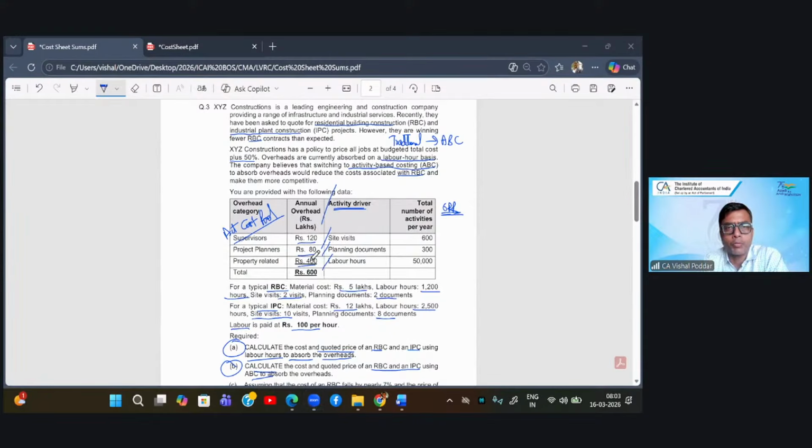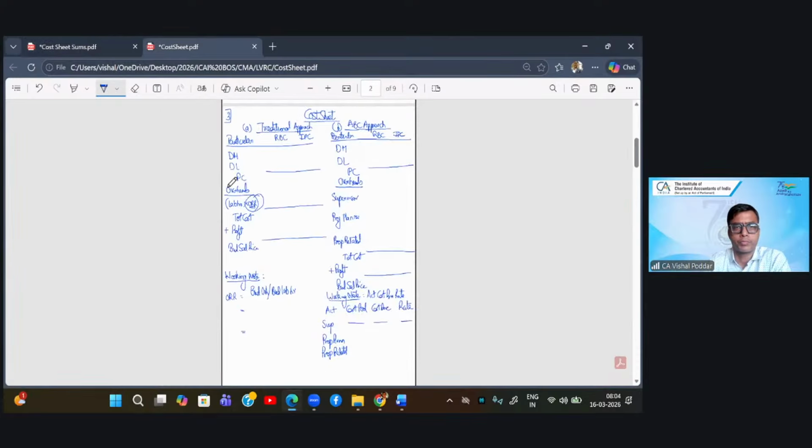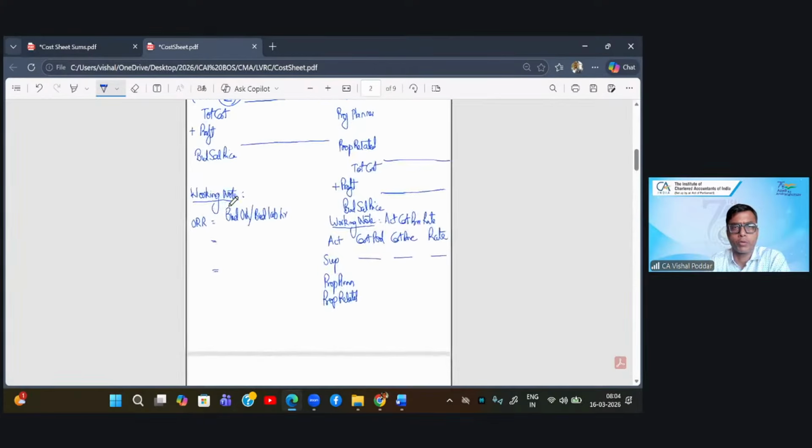So see, total overheads is 600 lakhs and the total labor hours is 50,000 hours.